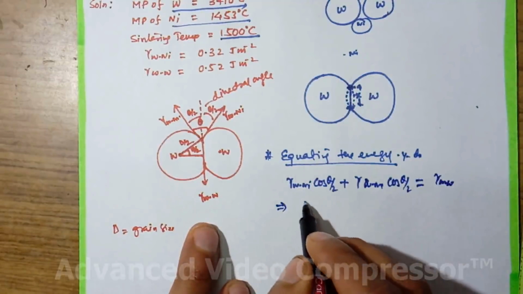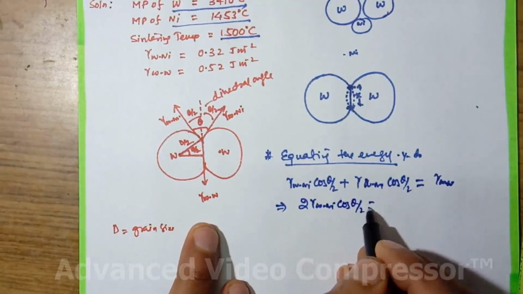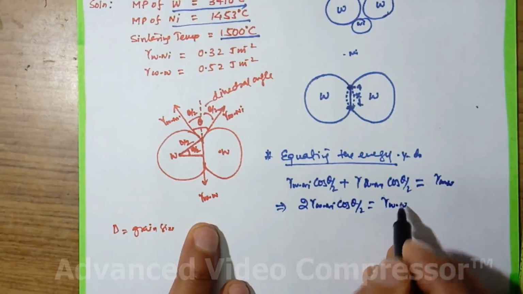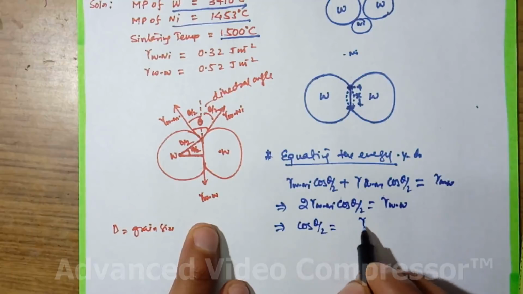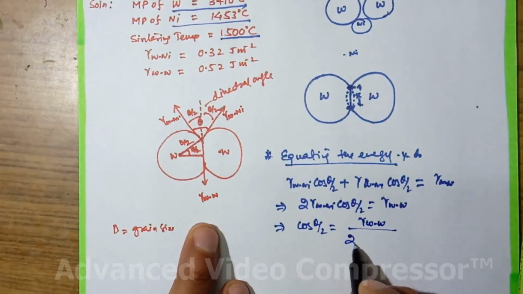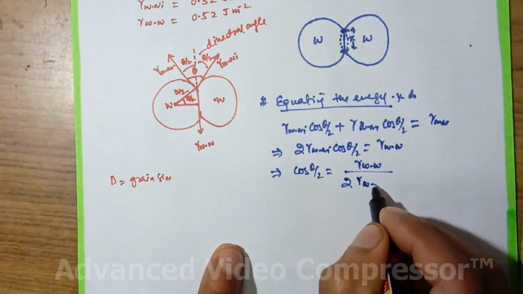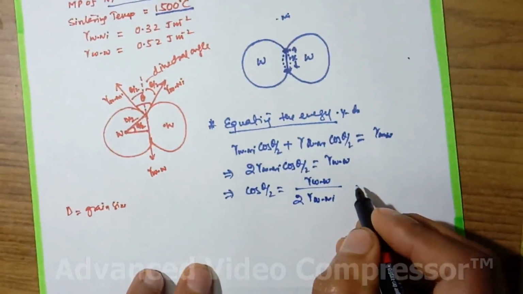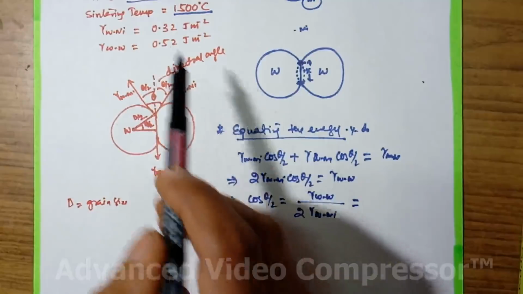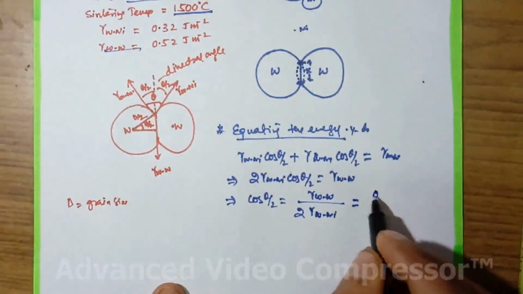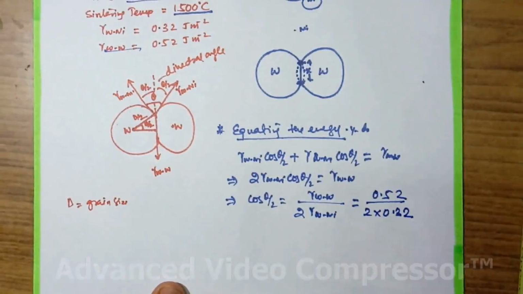So 2 gamma tungsten-nickel cos theta by 2 is equal to gamma tungsten-tungsten. This implies cos theta by 2 is equal to gamma tungsten-tungsten divided by 2 gamma tungsten-nickel. So the value of this will be 0.52 divided by 2 into 0.32.